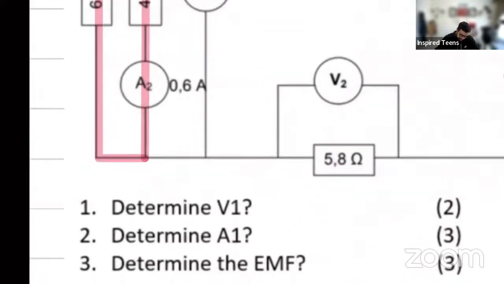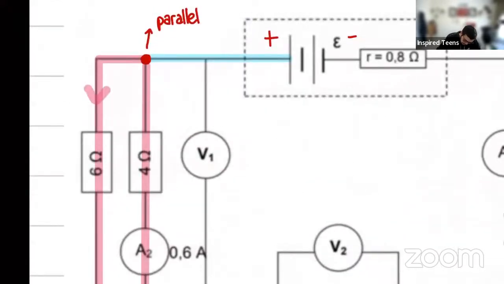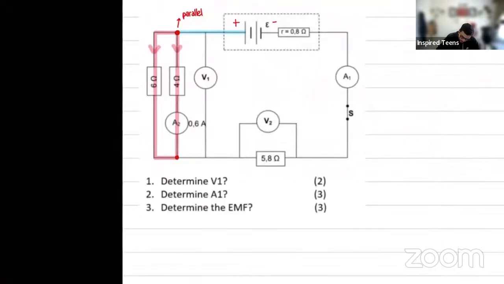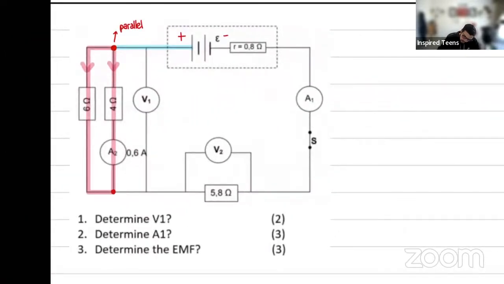You'll see it has two branches, and it regroups again. They rejoin once more to form the series part again. So whatever is in red is in parallel, whatever is in blue is in series.